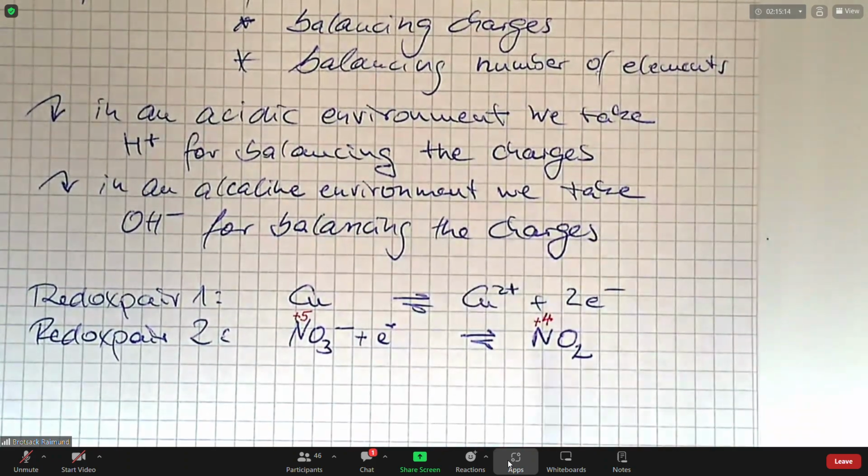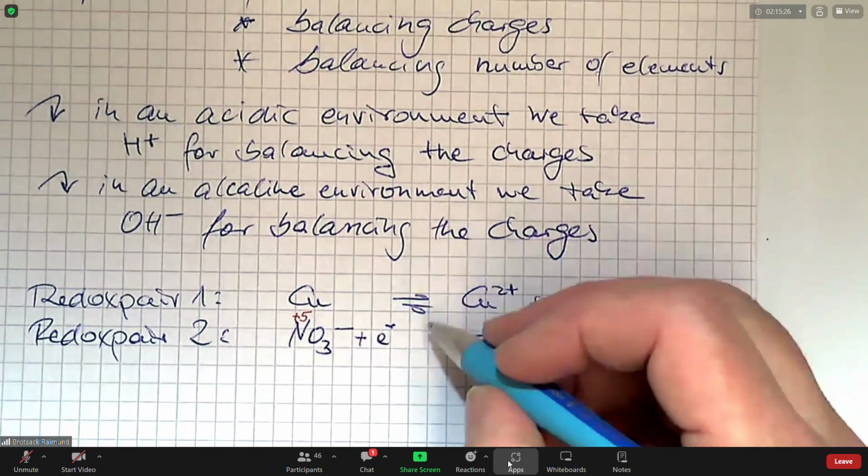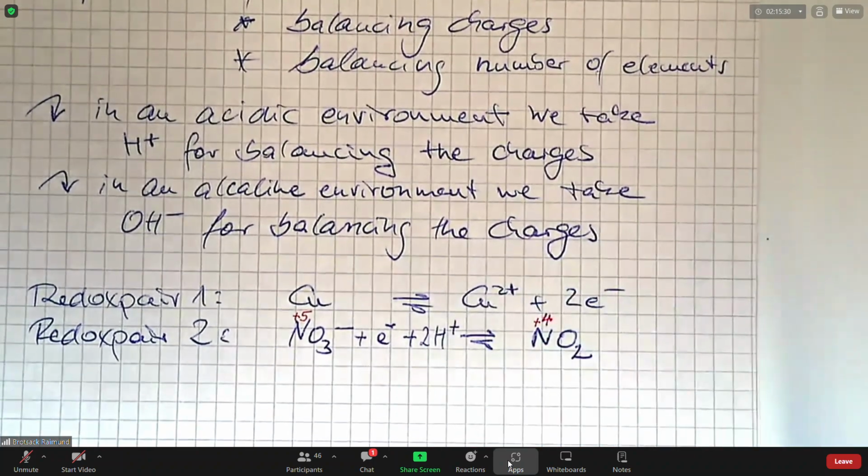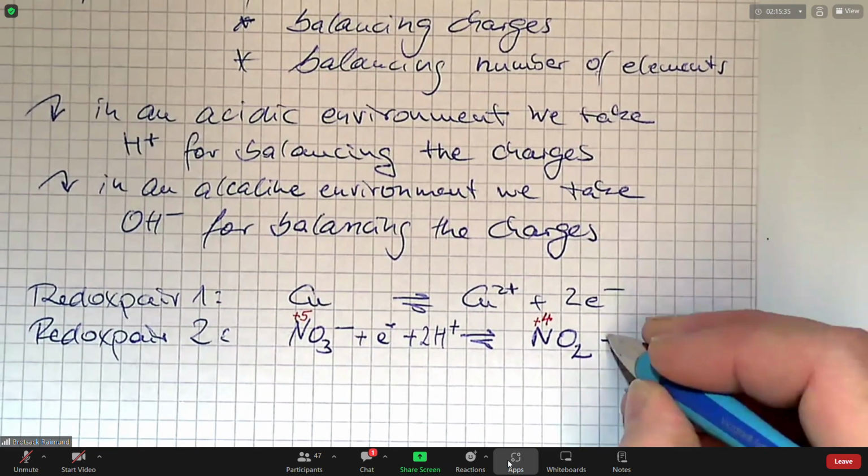So now in an acidic environment, balancing the charges, what do we have to do? How many? 2. We have 2 negative, so we need 2 H plus. And now what is created on the right?